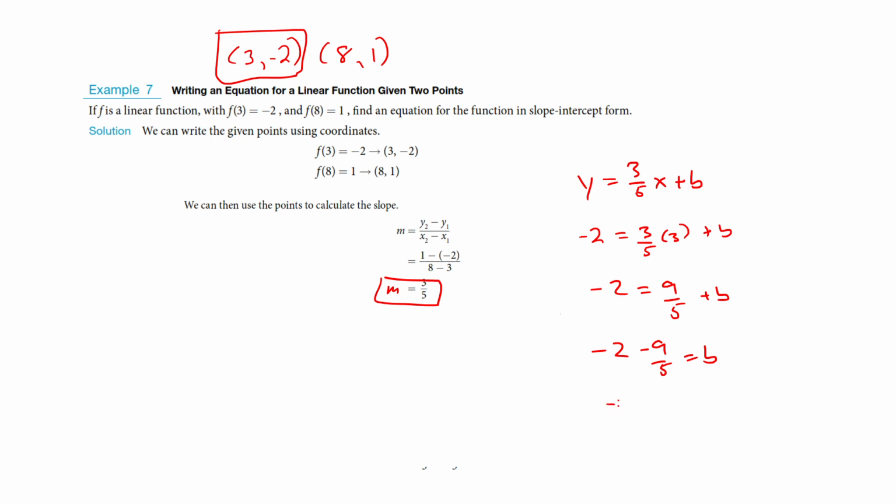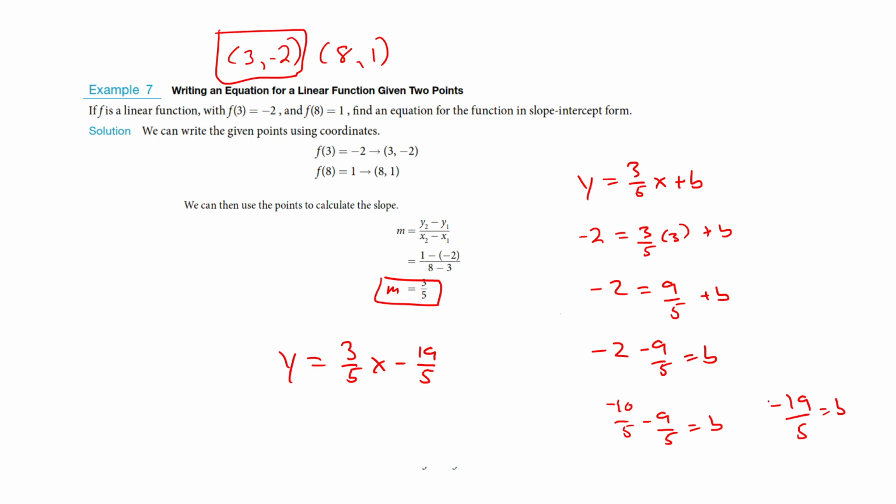I'm going to make it -10 over 5 so they have a common denominator. So this is a more complicated one than you'd normally see, but I get -19 over 5 is b. Okay, well I now have everything I need. I have the slope, I have the y-intercept, and I'm all set.